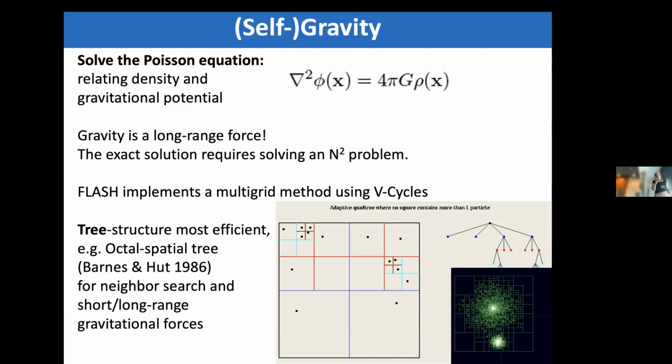So you have one root level, which is like the whole box. And then you split up your domain into smaller and smaller boxes, until you reach the finest level, which is the leaf level. So the leaf nodes are on the finest level. And then when you want to compute the gravitational potential, what you do is that you walk the tree.